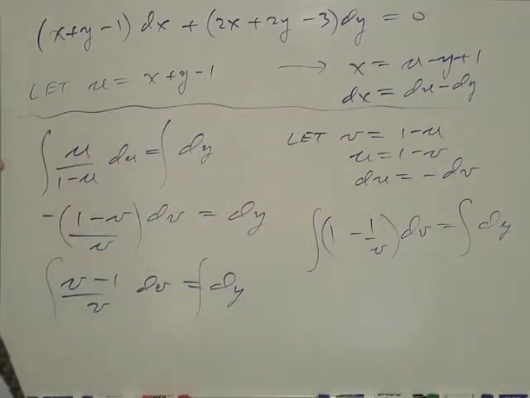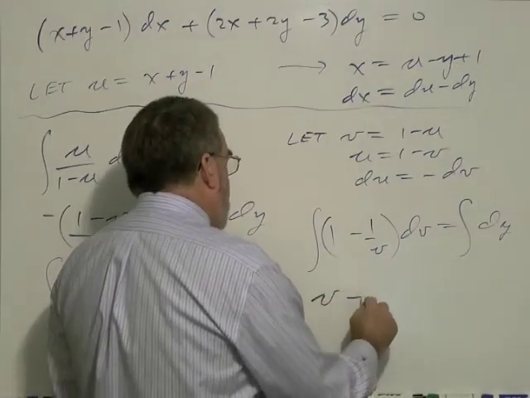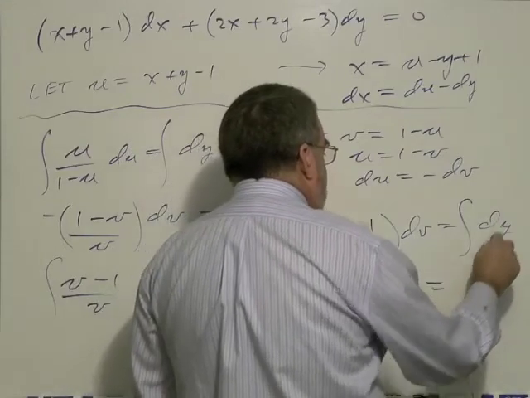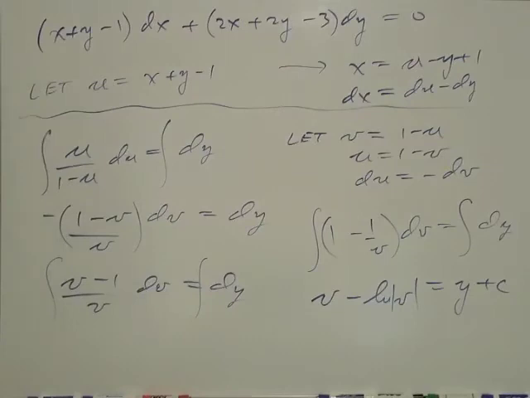Now it's very easy to integrate. I get v - natural log of the absolute value of v equals y plus a constant. And now we have the lovely process of getting back to our original x's and y's.